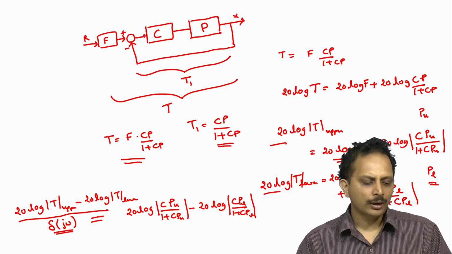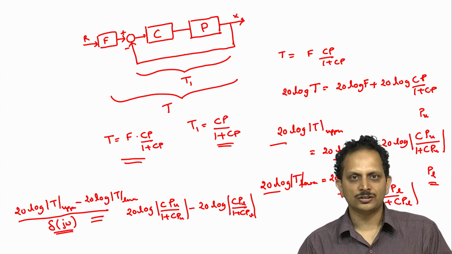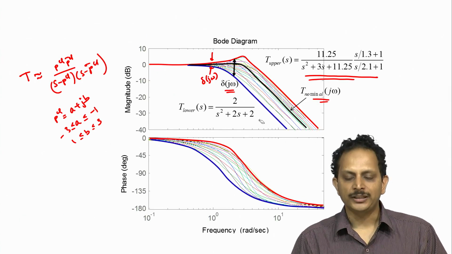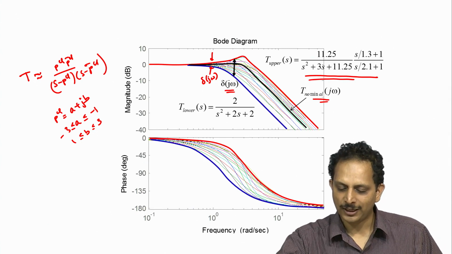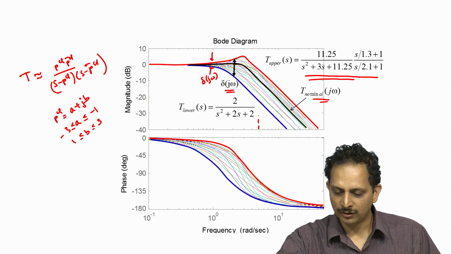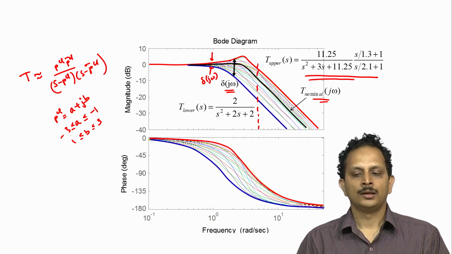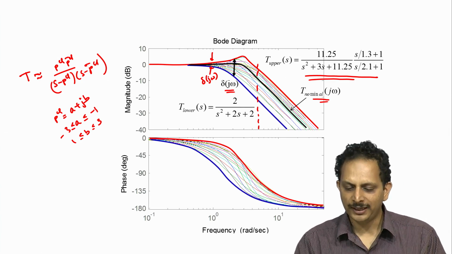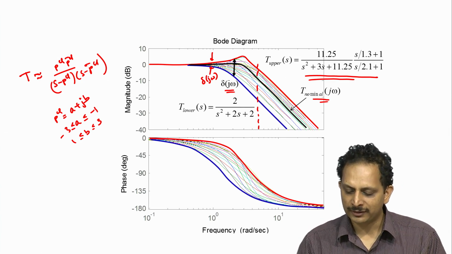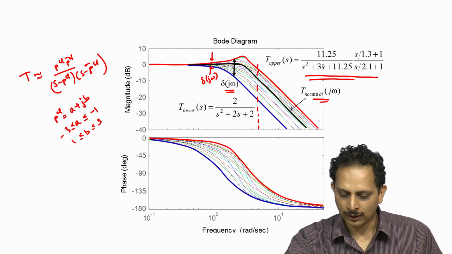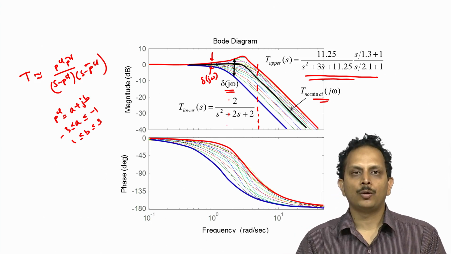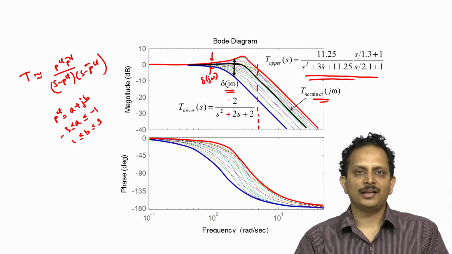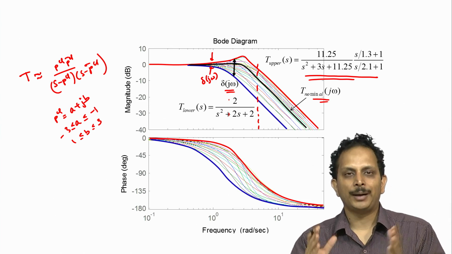If we look at the transmission function of the overall system, which I drew in the previous slide, we see that the upper transmission function has a bandwidth close to around 4 radians per second, and the lower transmission function has a bandwidth that is even lesser, on the order of a little bit more than 1 radian per second.